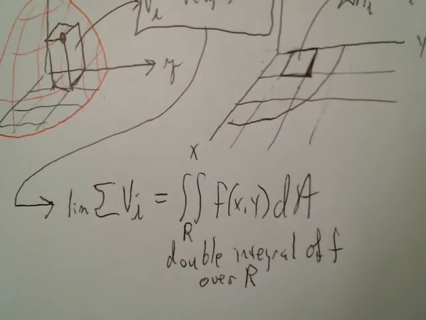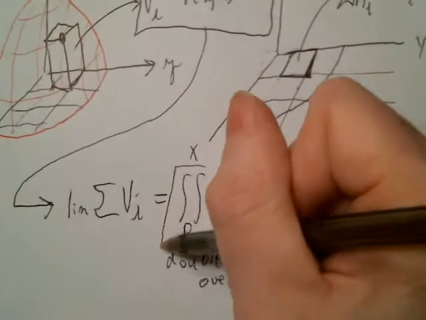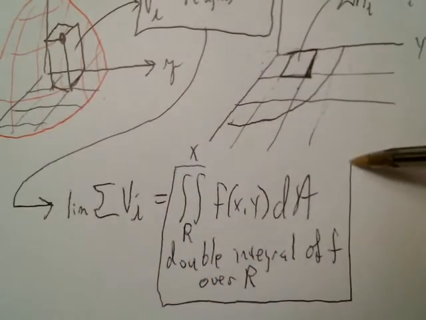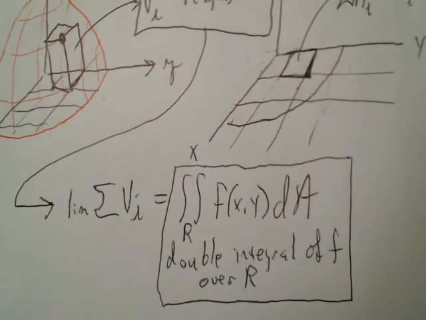Okay, so one thing to note here at this point, we've not really connected it to the iterated integral. This is just kind of a symbolic form for what we've accomplished with the Riemann sum.